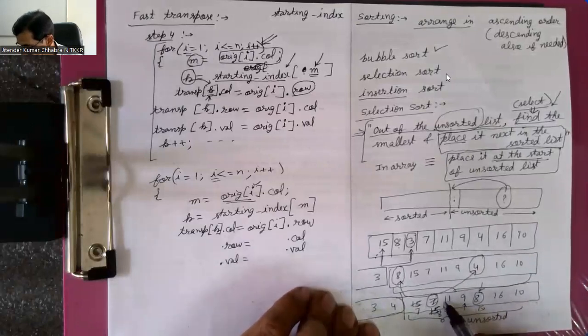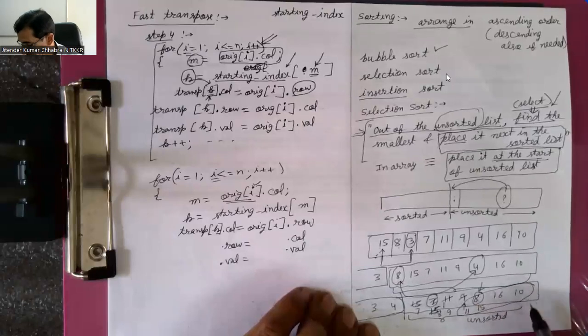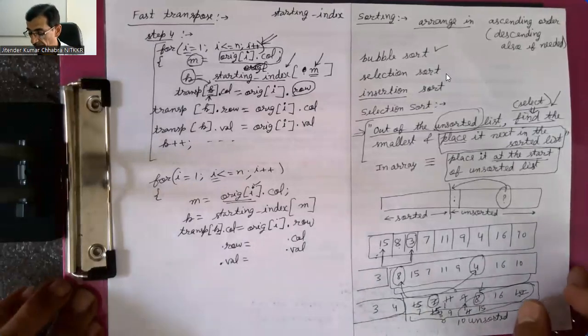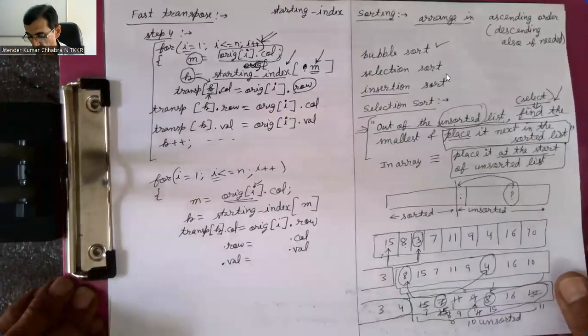So 9 will come here, 11 will go here. Out of this unsorted list, 10 will be found, 10 will come here, 11 will go here, and so on. So this is the way my selection sort will work. I hope it is easy to understand.